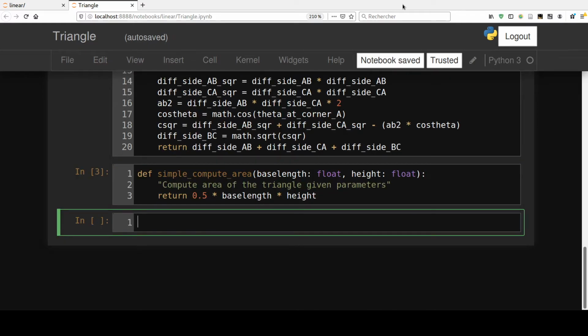Can we use other means to compute the same value? Yes, we can.